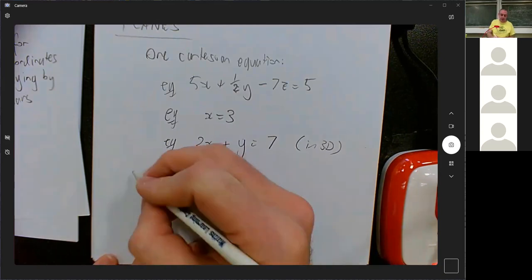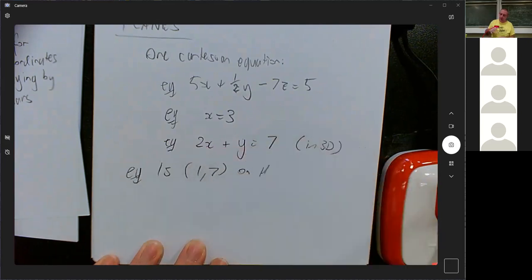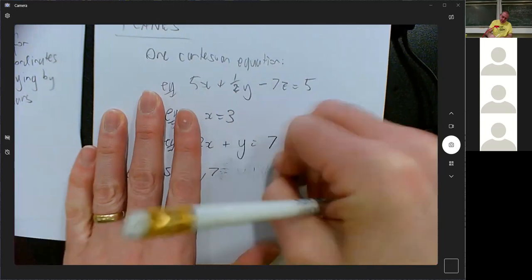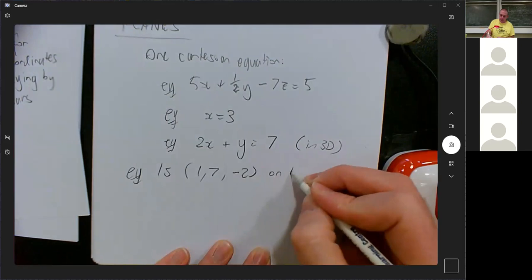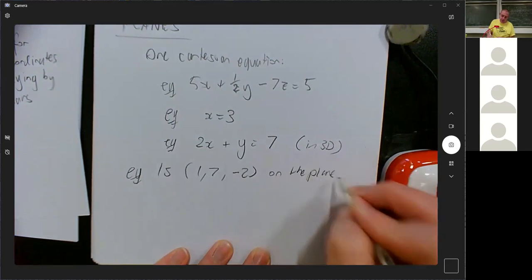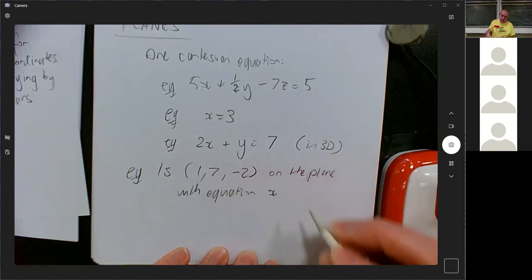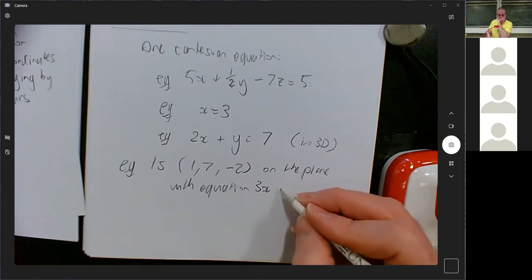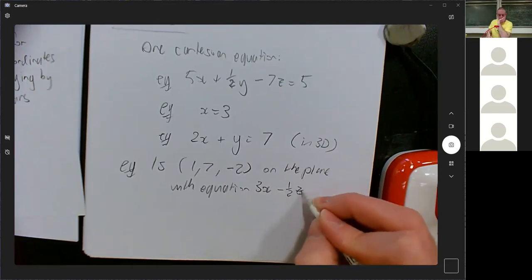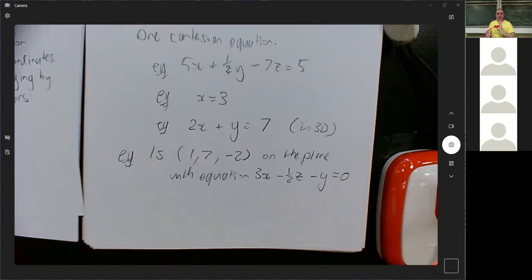So, you know, is the point 1, 7, well, there's 3 coordinates. Is that point on that plane?